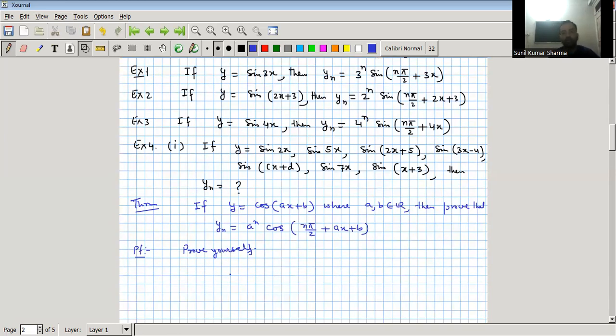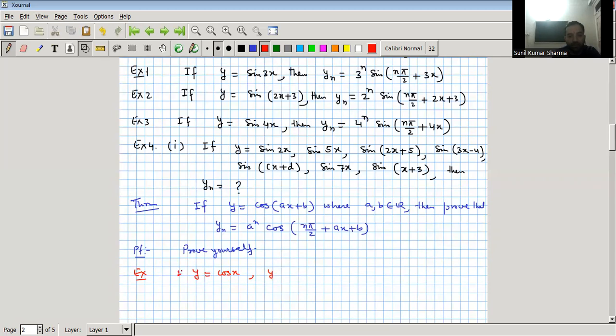If the previous result is clear to all of you, then there is no difficulty to prove this. So again, some examples based on this. If y is equal to cos x, then what is yn?